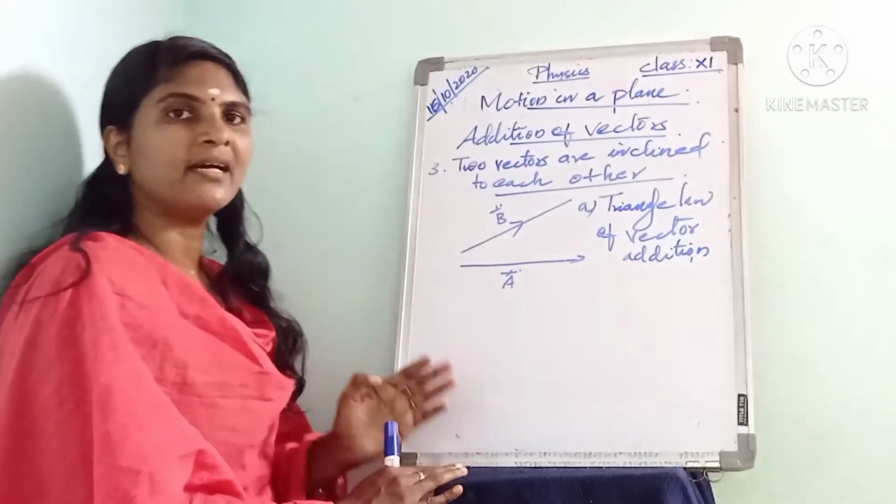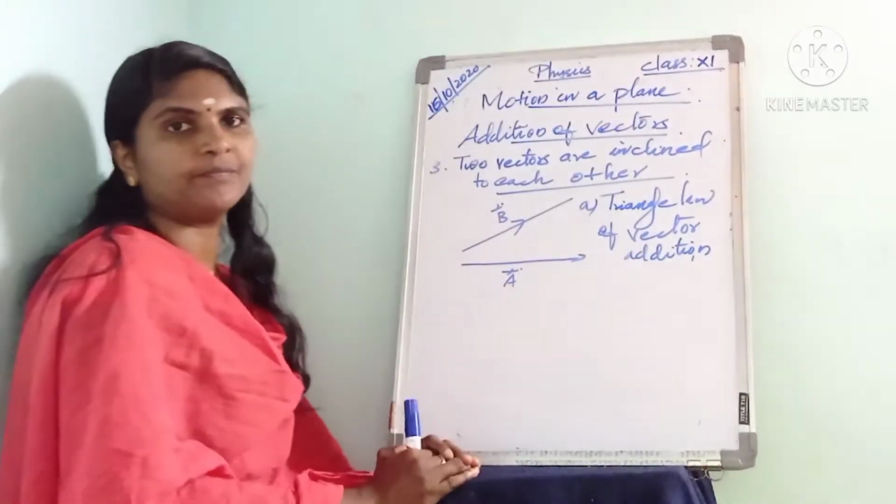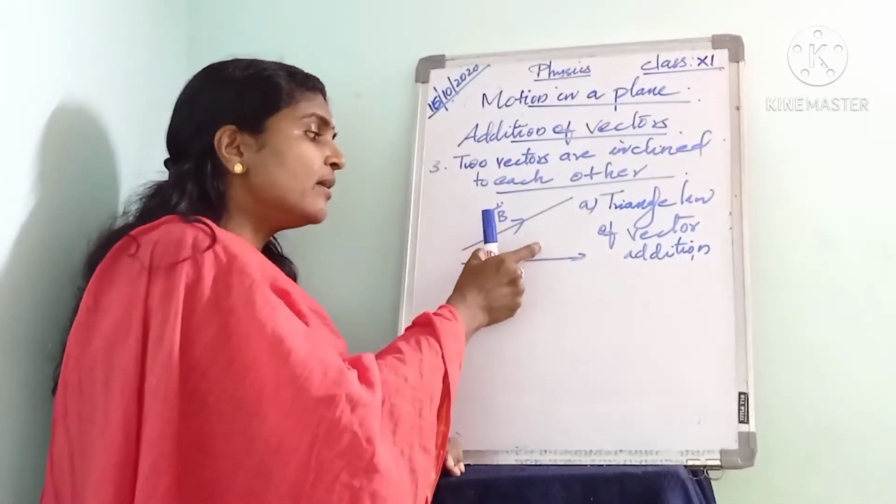The next is how we can add two vectors when they are inclined to each other, at some angle.